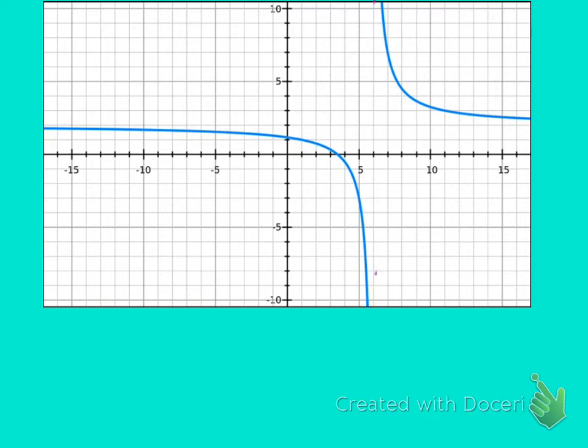So once again, I need to find my horizontal asymptote. I believe it was at 2, right? So first step, you find your horizontal asymptote. Second step, find your vertical asymptote. I do believe it's at 6. All right, here comes the part for you to remember.